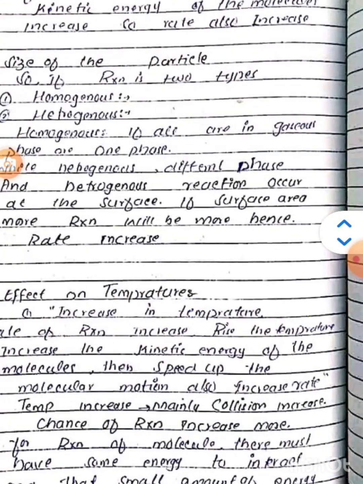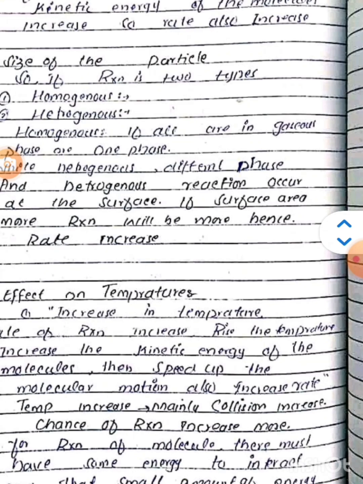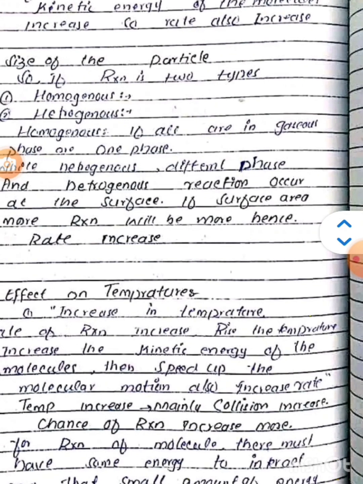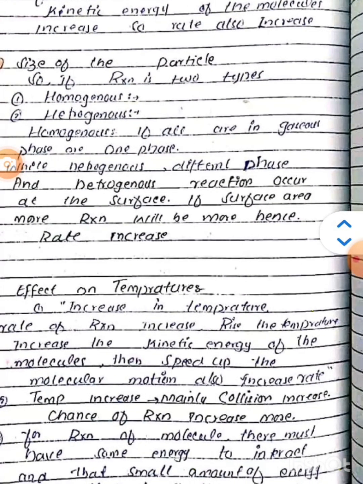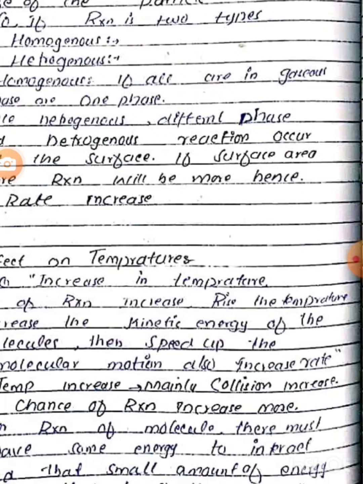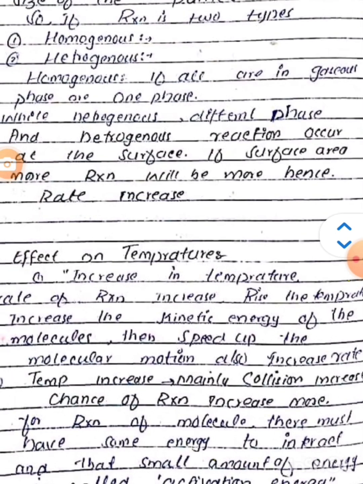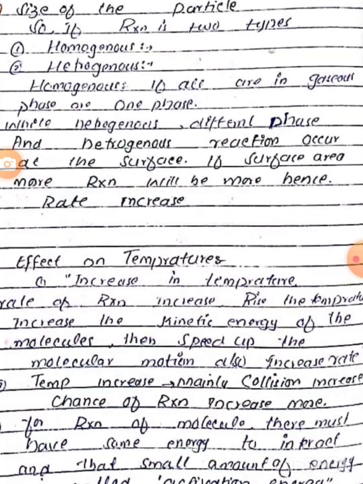With the temperature increase, the kinetic energy of the molecules also increases, and so does the speed of the chemical reaction. The energy required to activate a chemical reaction is called activation energy.